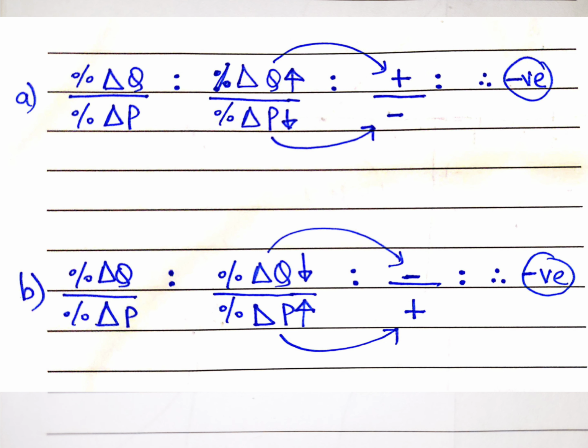Okay, and in situation B, basically it's the exact opposite. So this time you're going to see that the prices have increased, and when the prices go up, we know that the quantity demanded is obviously going to fall. So in situation B, you need to notice that this time in the denominator, we're going to have a positive term. Once again, if you're not sure why, just think about it using some numbers.